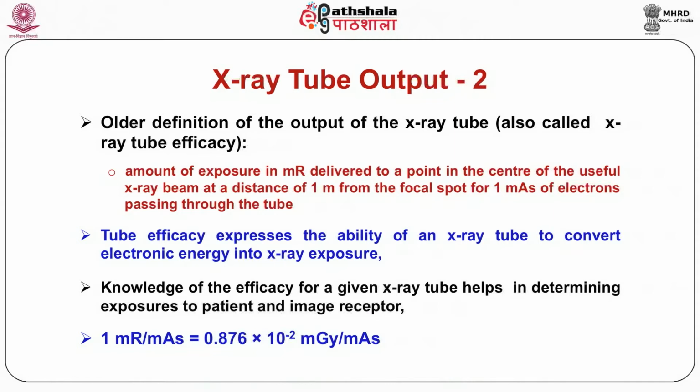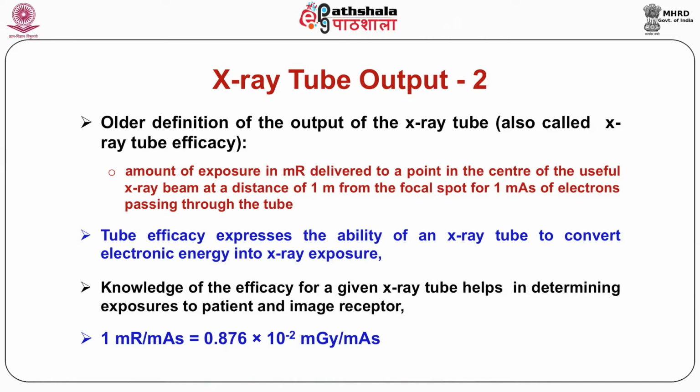The efficacy value expresses the ability of an X-ray tube to convert electronic energy into X-ray exposure. Knowledge of the efficacy value for a given tube permits the determination of both patient and image receptor exposures.